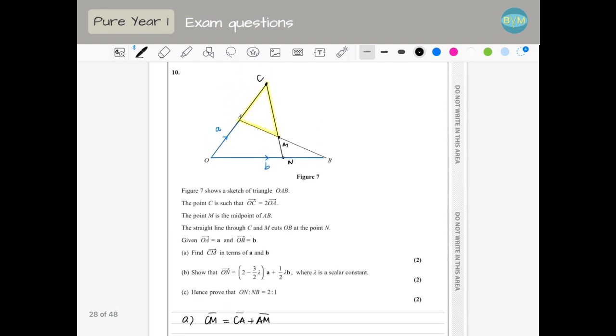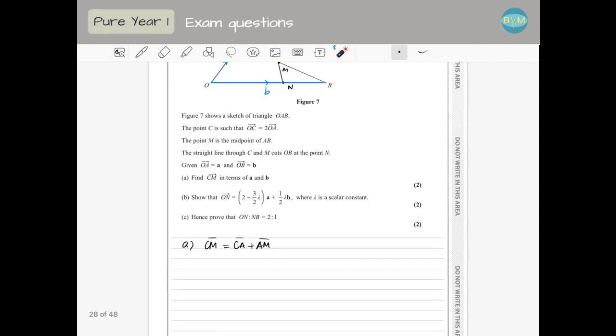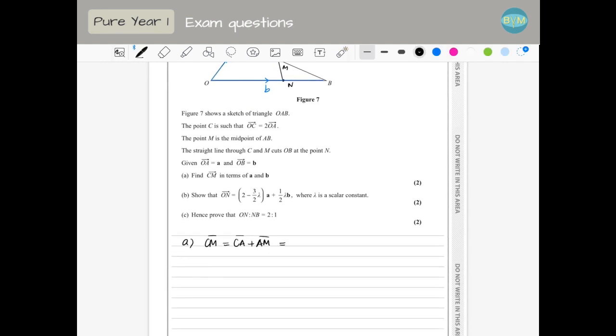Vector CA is the same as this one, so it's a but in the other direction, which is minus a. And AM is half of vector AB, and vector AB is minus a plus b, or b minus a. So CA is minus a, and AM is half of b minus a.